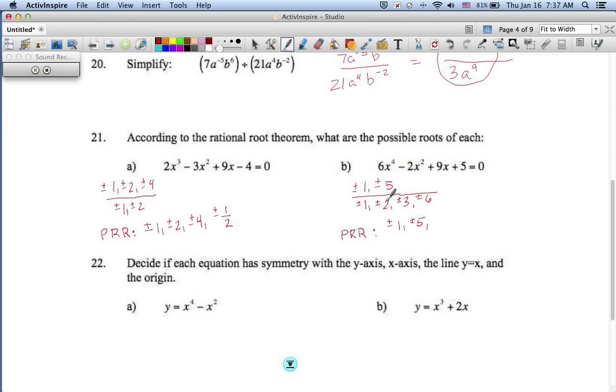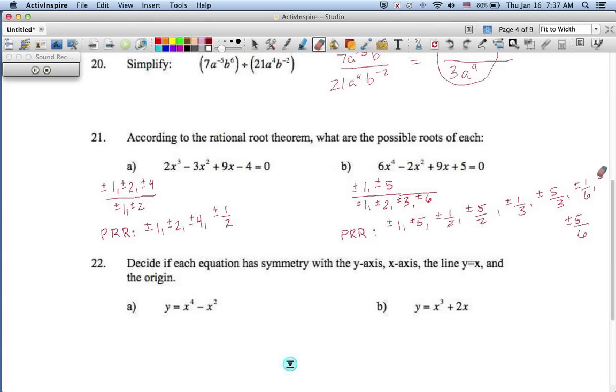Now I'm going to put them over 2. Plus and minus 1/2, plus and minus 5/2. Now I'm going to put them over 3. Plus and minus 1/3, plus and minus 5/3. And finally put them over 6. Plus and minus 1/6, and plus and minus 5/6.